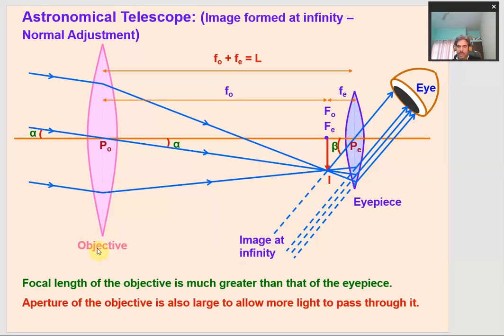The aperture of the objective lens in telescopes is kept large because a large aperture lens can collect more light coming from that faint object, so that even a faint object is clearly visible, just like a faint distant star.